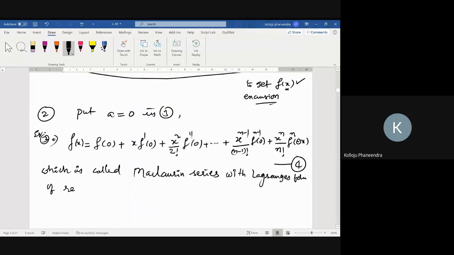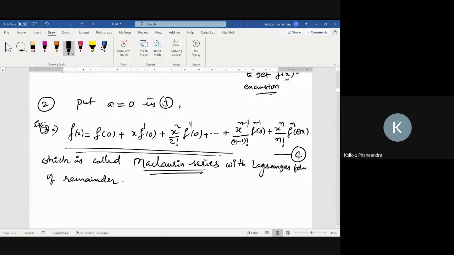Lagrange's form of remainder. Okay, this is also a very important formula. Maclaurin series means what? About the point 0. Simply one can write this as Maclaurin series, Taylor series about the point x equal to 0.